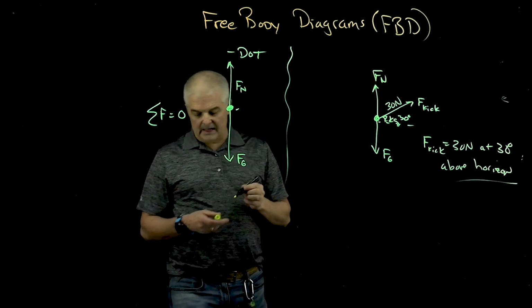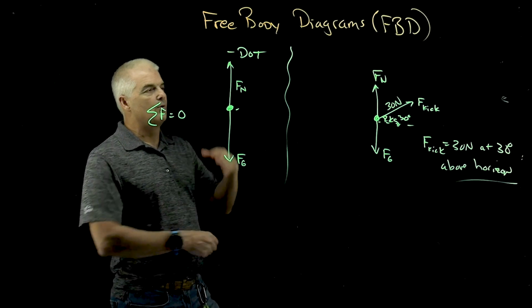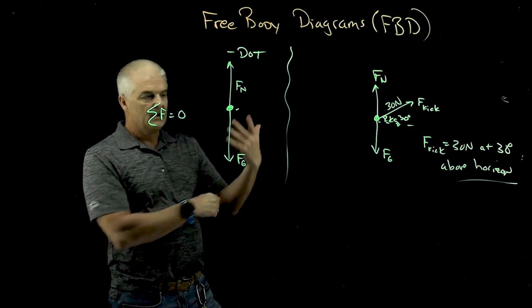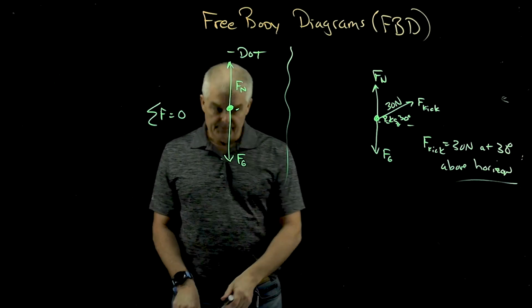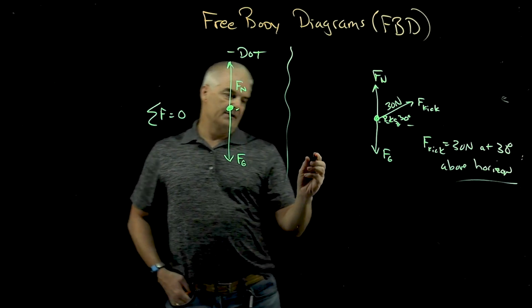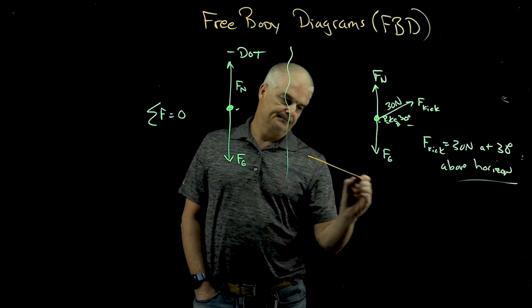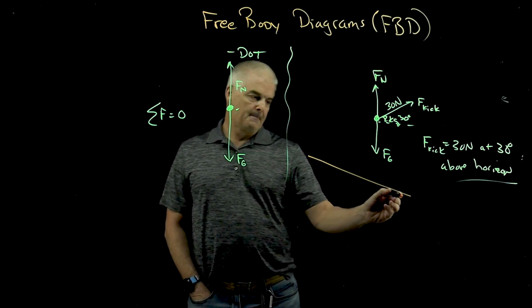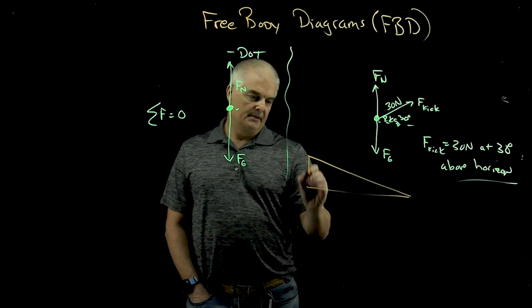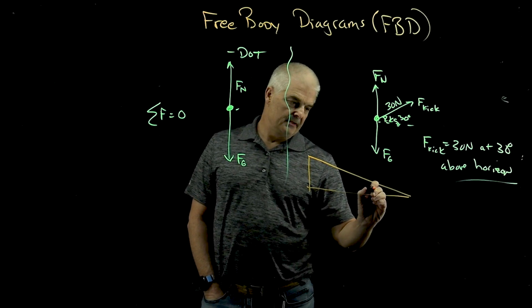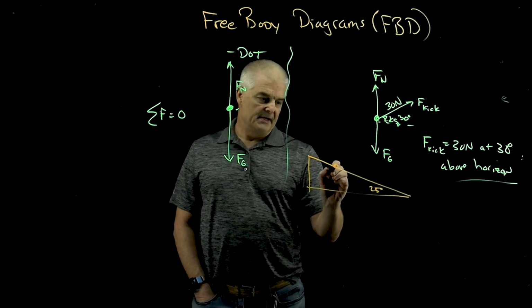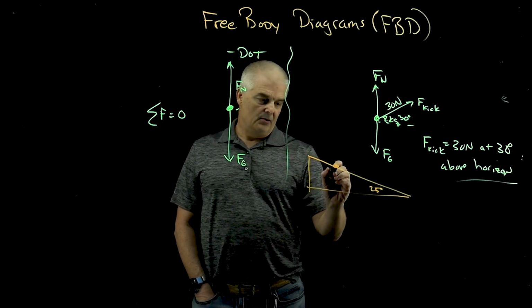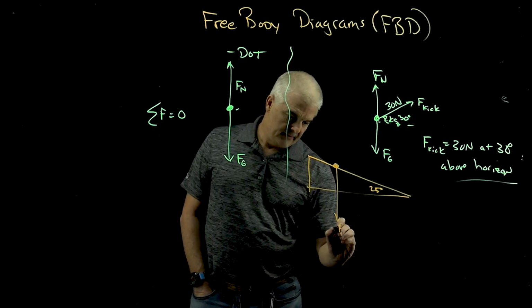Now, what I'm trying to do is just show you how we draw these. Let's do something maybe more complex. One more. Let's say that you're on a ski hill, or you've got a ramp, and it's 25 degrees. And then we're going to put a dot right here, and always we've got gravity going down.